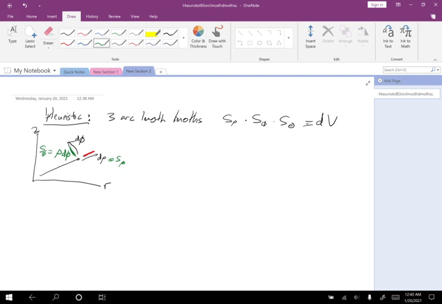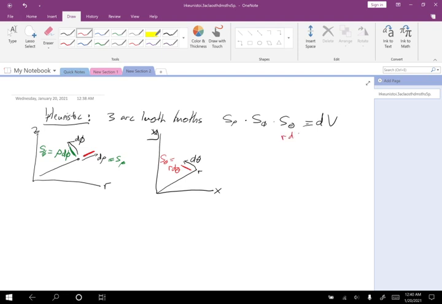Now to get our third arc length, I'm going to go back to the xy plane, and now I'm going to change theta. Because in the xy plane this is r, this arc length is r d theta. That's our s theta, our arc length from moving theta.